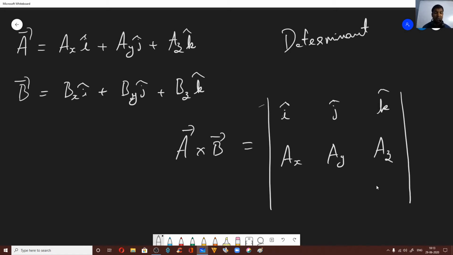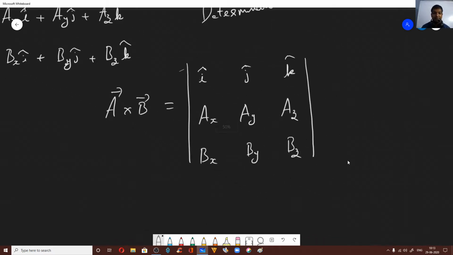In the last, third row we'll write Bx, By and Bz. Now I want you to remember that we will assign a few signs here: i cap will be assigned plus, j cap will be assigned minus, k cap will be assigned plus. So remember this.